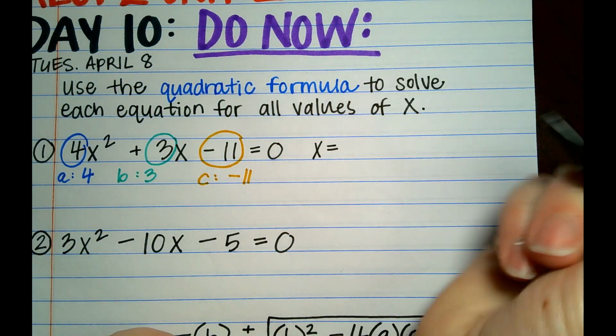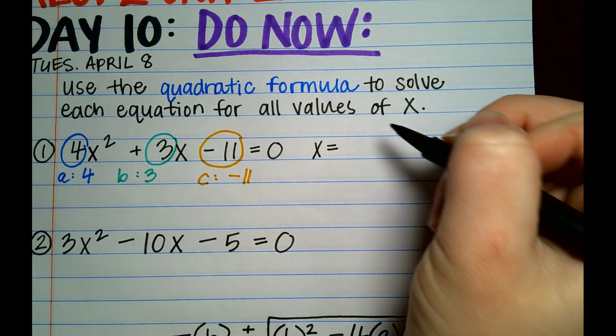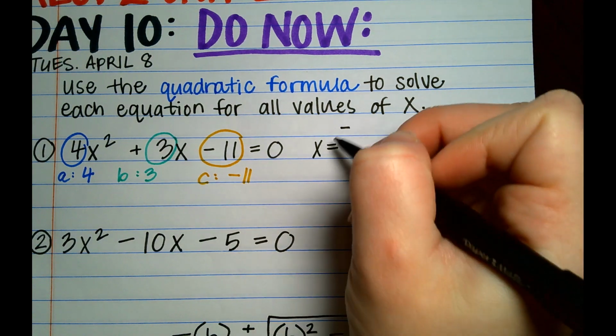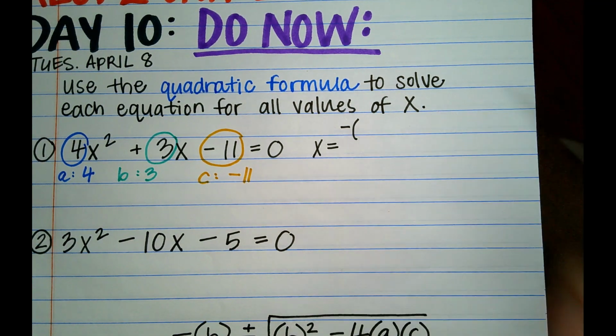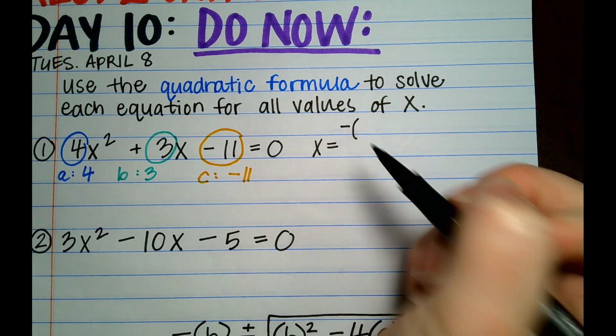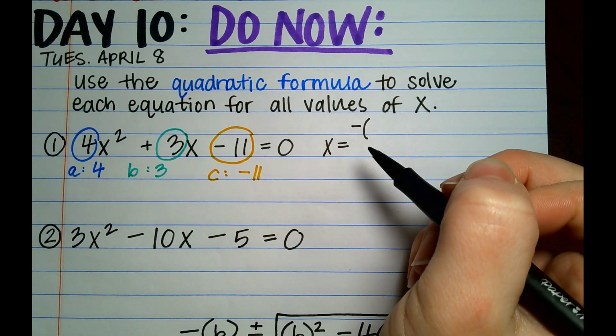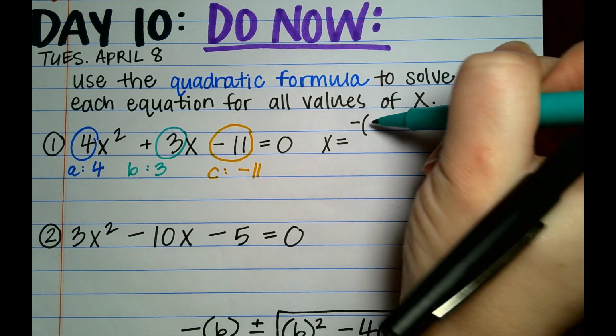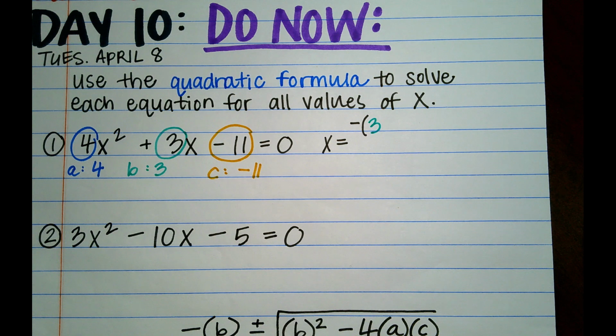X equals, what comes next? -4. Oh, is it 4? What letter do we put first? Negative B. B. And our B is 3. There we go.